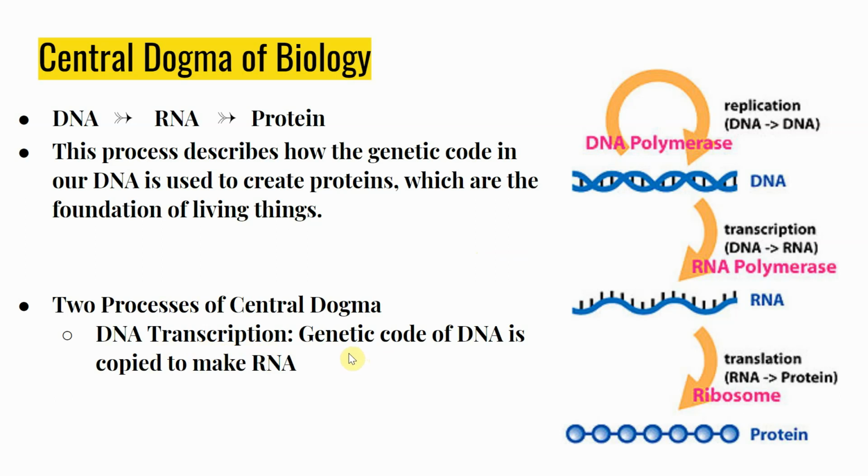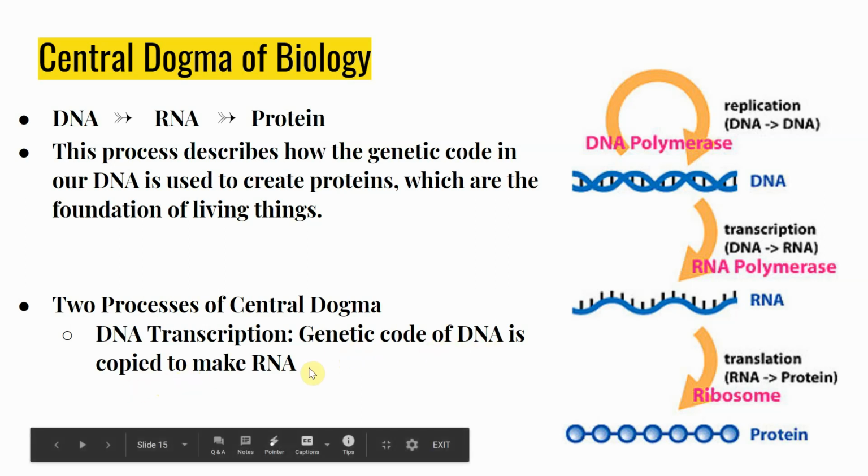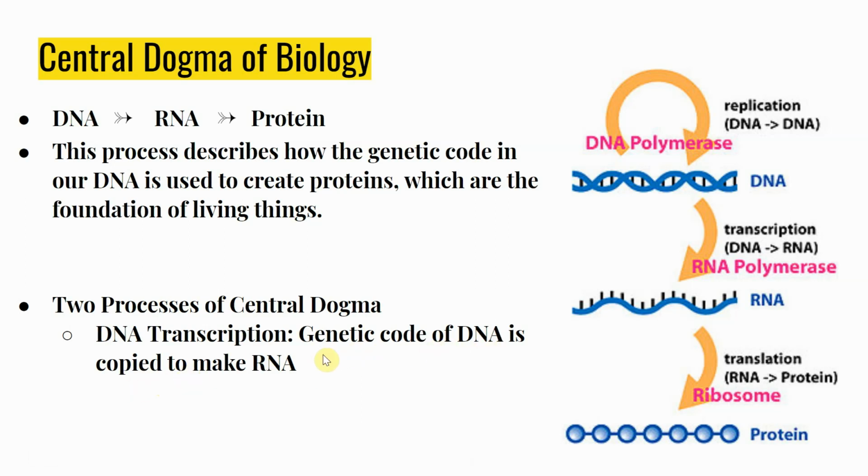And in this case, we are taking the genetic code of DNA and we are copying it into a molecule of RNA. And RNA may be a new molecule to us. I'm going to dive into the specifics of RNA in just a second, but we see this first step of the central dogma here. So we have our usual double-stranded DNA, and we're going to use the process of DNA transcription to go from DNA to RNA. So we're going to end up with this molecule called RNA here.